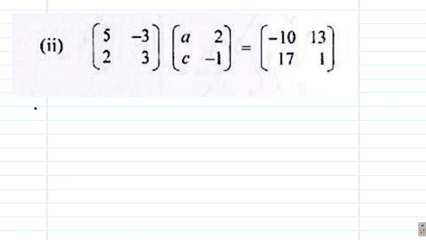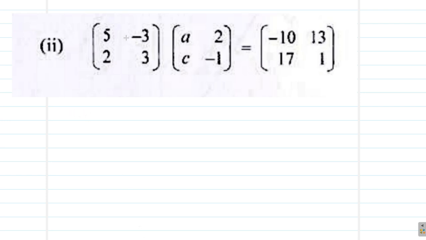So look now. When you multiply two matrices, you multiply a row by a column. Alright? This 10 is in row 1, column 1. So you multiply row 1 by column 1. Remember that.